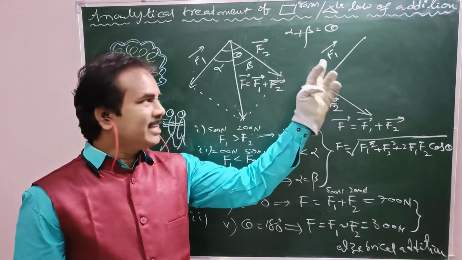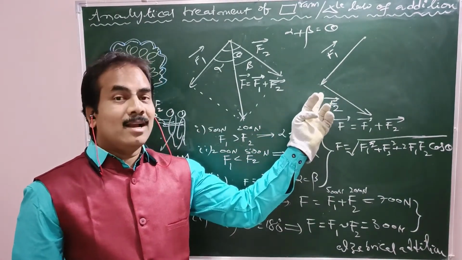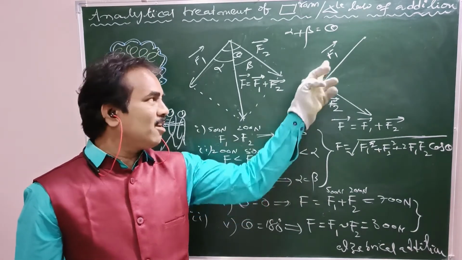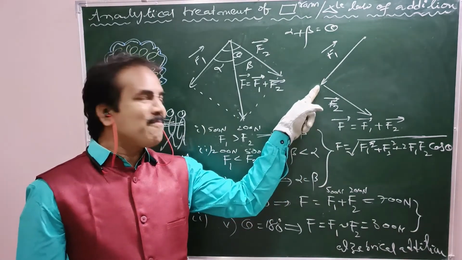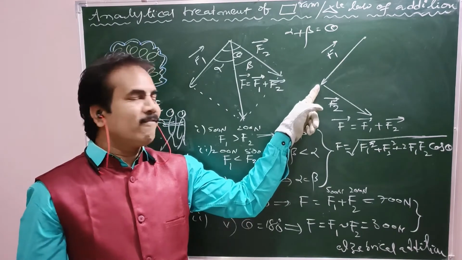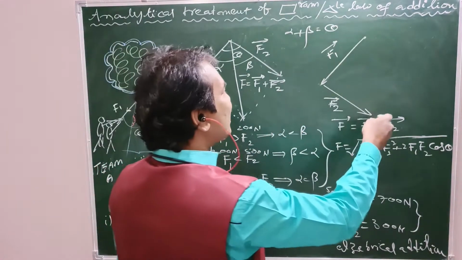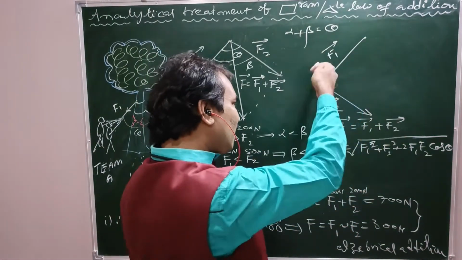Now we can say that these two forces, otherwise vectors, are taken as the adjacent sides of the triangle in the same order. Same order in the sense, the head of one vector joined with the tail of another vector. So here we have two sides of the triangle taken in the same order, head to tail.